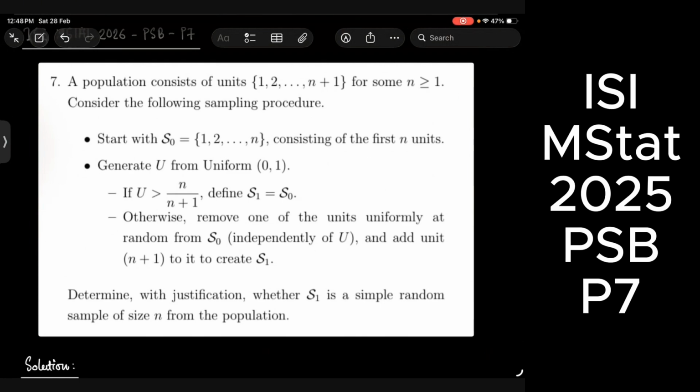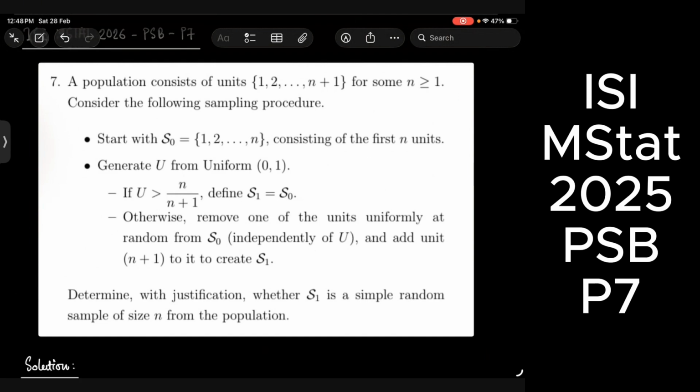Read the question. A population consists of 1 up to n plus 1 units for n greater than or equal to 1. Consider the following sampling procedure. Start with S naught equal to 1 up to n, consisting of the first n units. So your sample S naught consists of the first n units, okay?